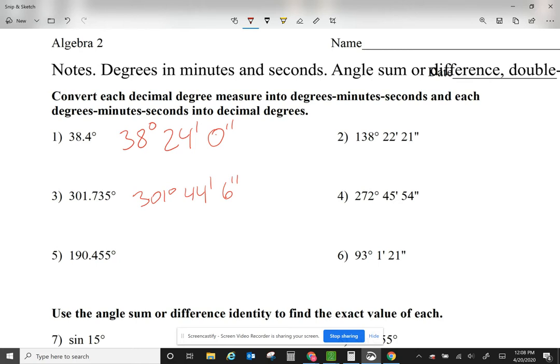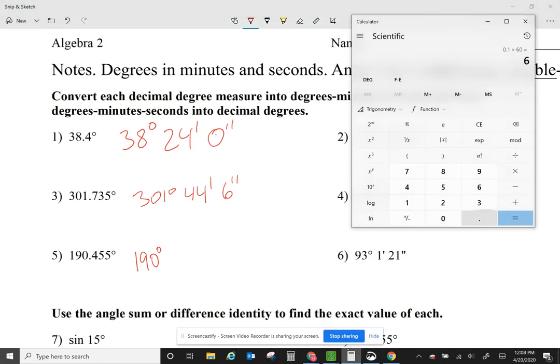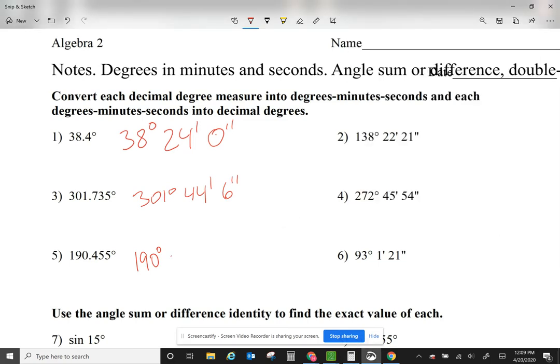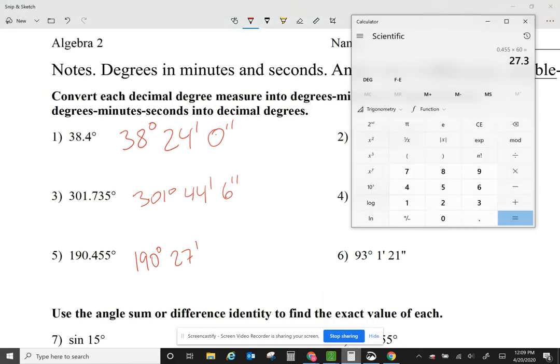Looking at question number 5, I get 190 degrees, right? That's the number before the decimal. In my calculator, let me go 0.455. I'm just looking at the decimal part, and I'm going to multiply this by 60. I get 27.3. From 27.3, I get 27 minutes. I just care about the whole number.